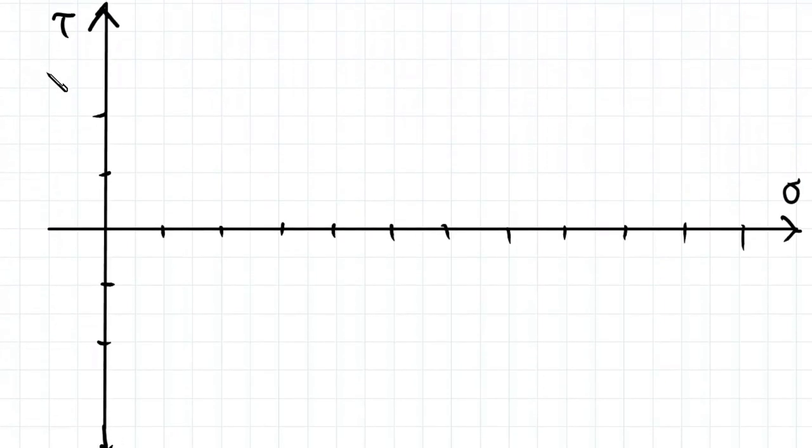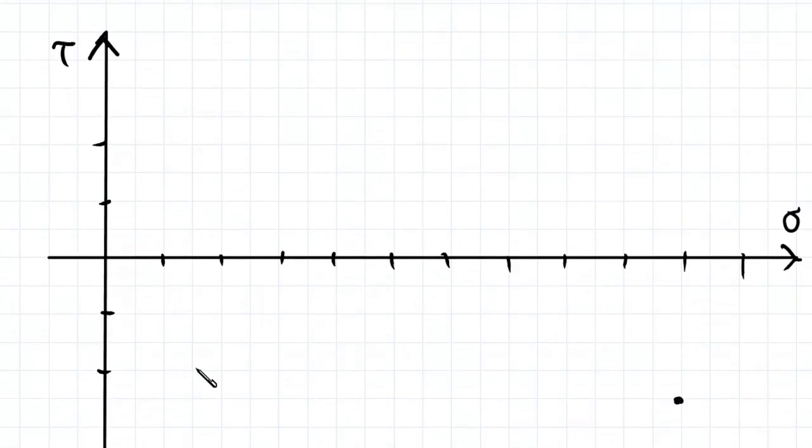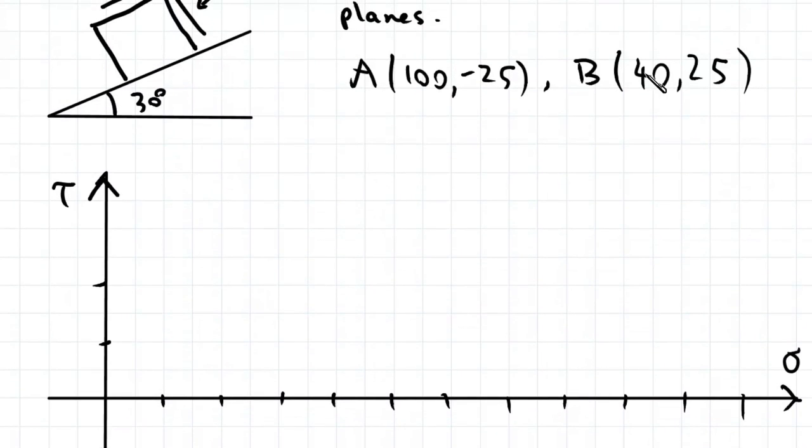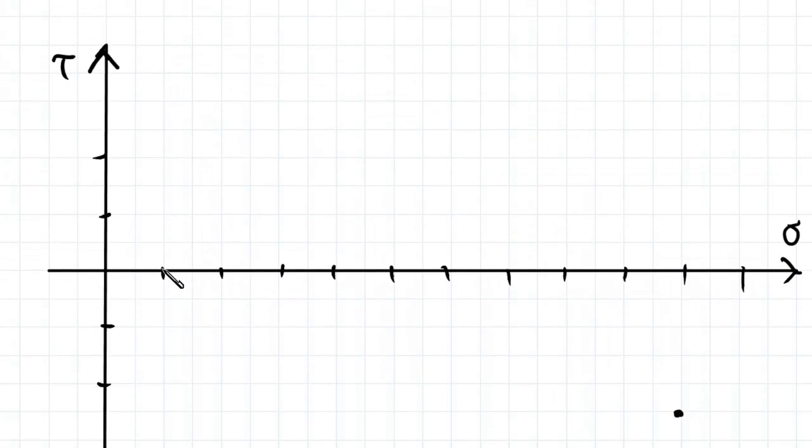Now I'll just plot these points on the chart. So 1, 2, 3, 4, 5, 6, 7, 8, 9, 10. Make sure you're drawing this to scale as well, guys. And the other point, 40 and 25. So 10, 20, 30, 40, 10, 20, 25.